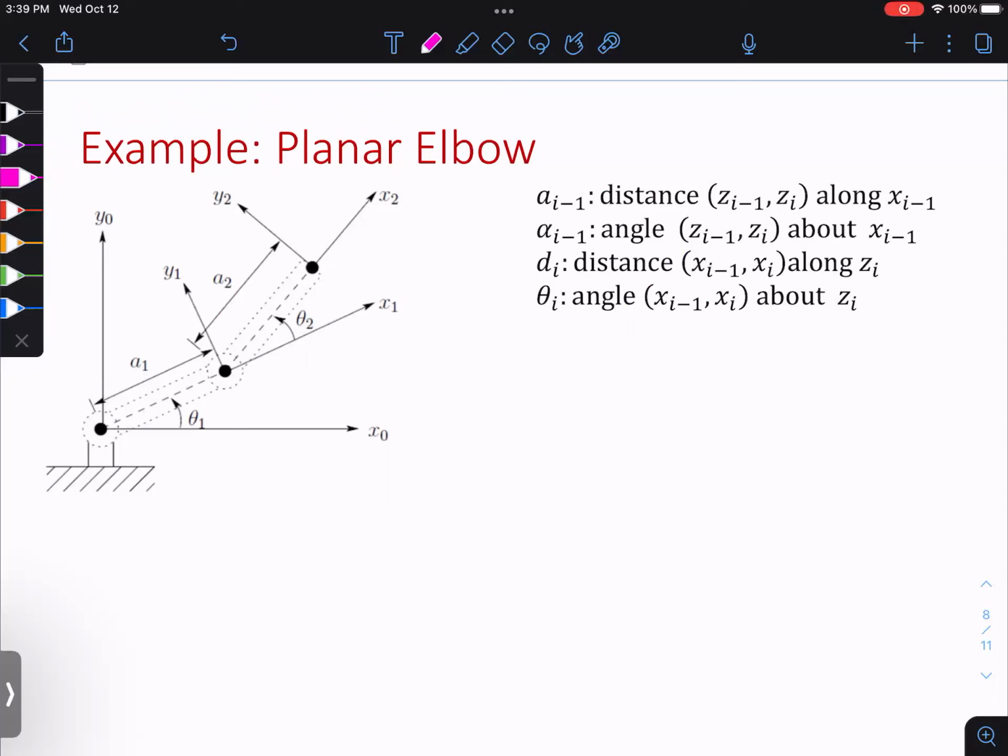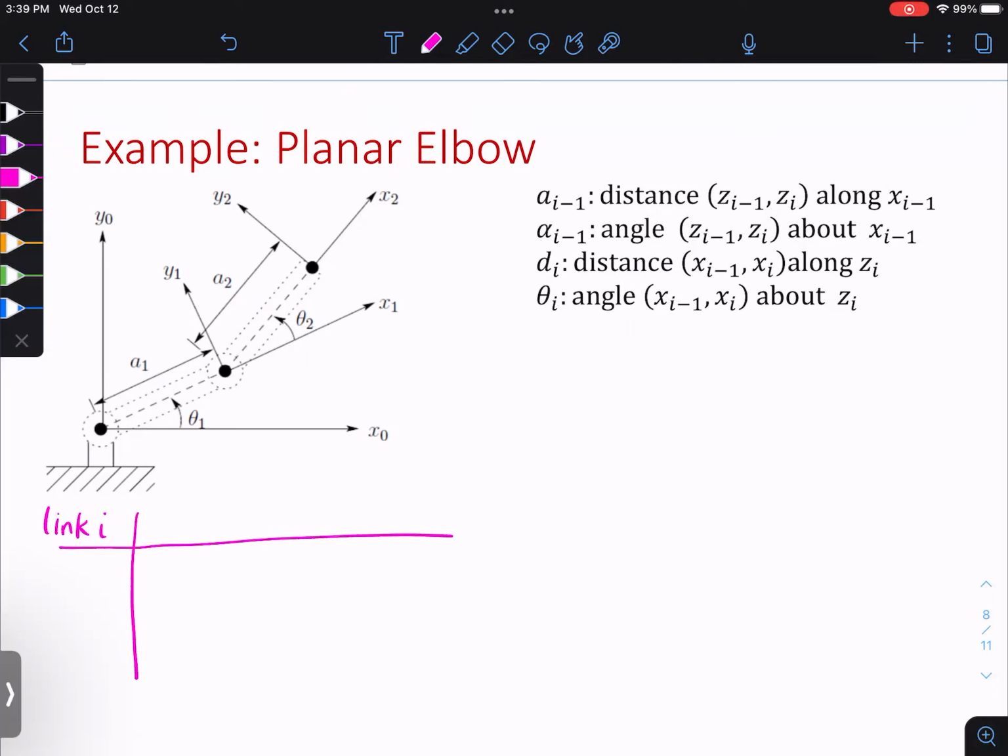All right, so what you would do is create a table. This is your link i, all right? So we have link 1, link 2. And also, do you remember every 2 joints connect 1 link? There's a link between every 2 joints, so you can count your joints and then minus 1 is the number of links, to find what i is.